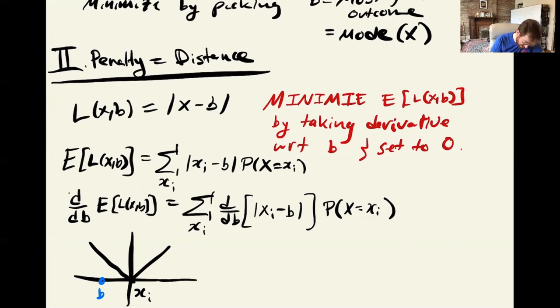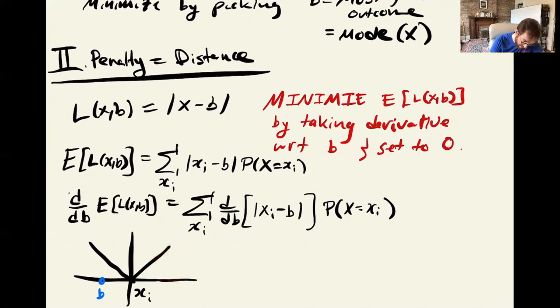Again, the idea is that as you increase b, the value is going to go down, so that indicates a negative slope. But on the other hand, if b were over here and I increase b, then my error could increase.